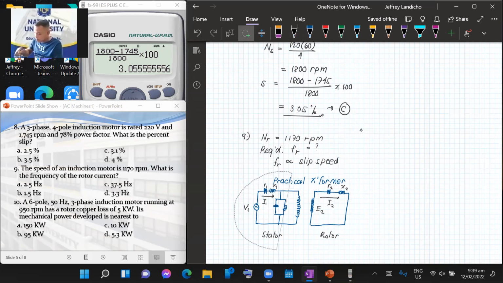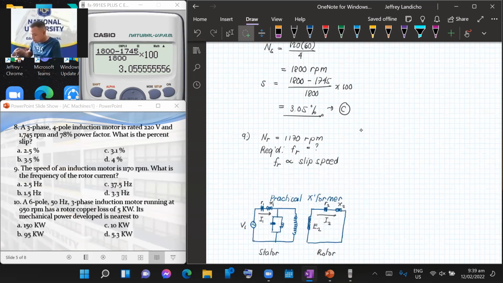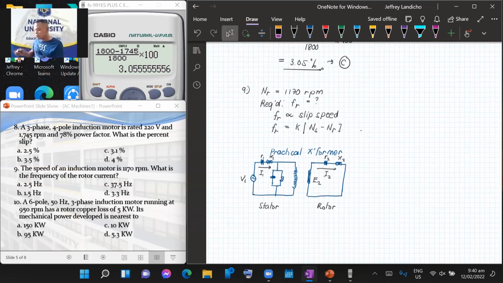So palitan natin ng equal sign yan. So therefore, the rotor frequency that is K, something naman yun. So this is NS minus NR. Yan palagi ang general expression ng ating rotor speed. So paano natin kukunin yan?